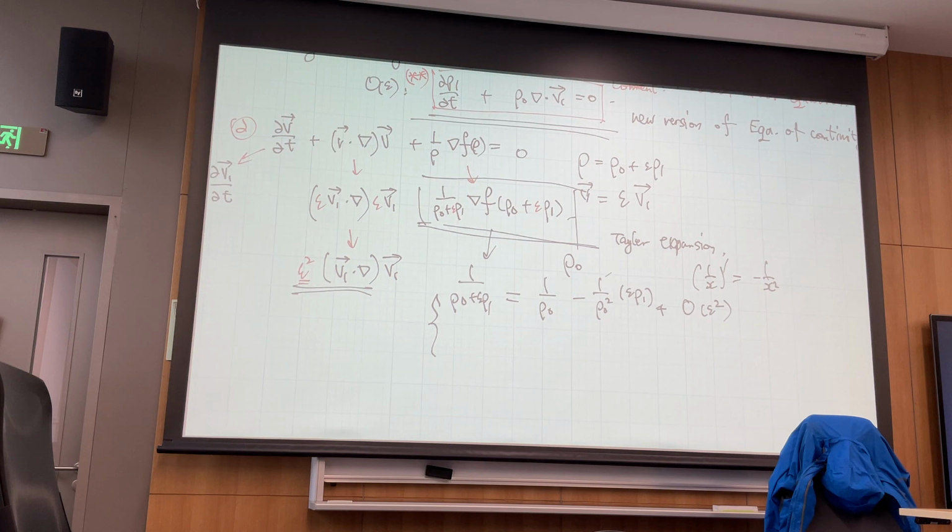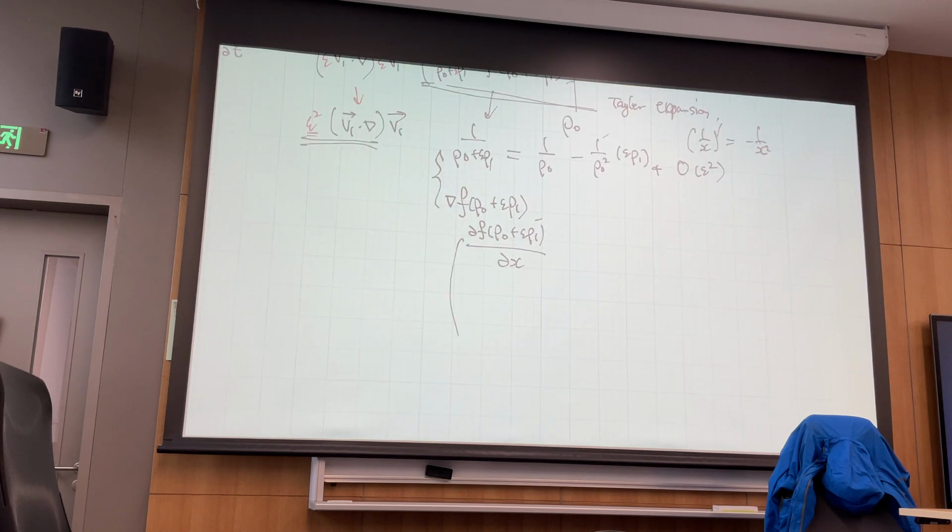And the second term, what about the gradient of f of rho 0 plus epsilon rho 1? What about that? You see, the gradient is partial of f of rho 0 plus epsilon rho 1 with respect to x, and it will also include the same thing for partial y and partial z.